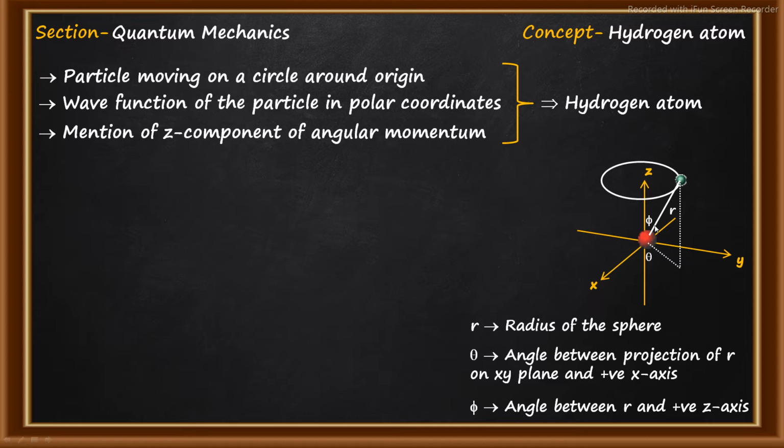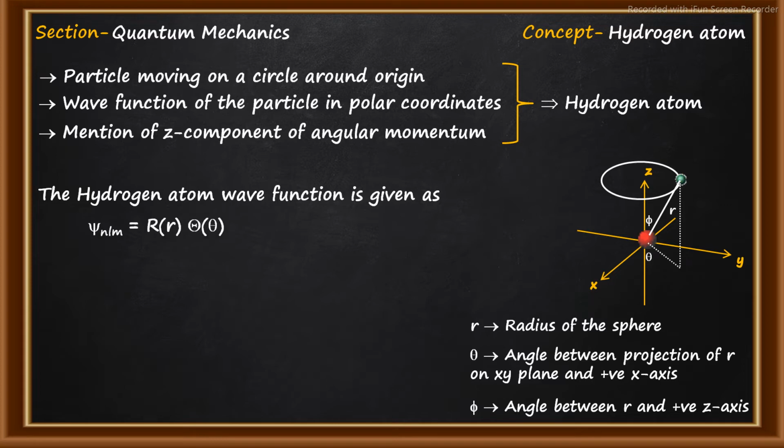Now the hydrogen atom wave function is given as psi equal to R(r) Theta(theta) Phi(phi). Here capital R is a function of r, capital Theta is a function of theta, and capital Phi is a function of phi, and n, l, m are the quantum numbers. This is the general wave function of a hydrogen atom.